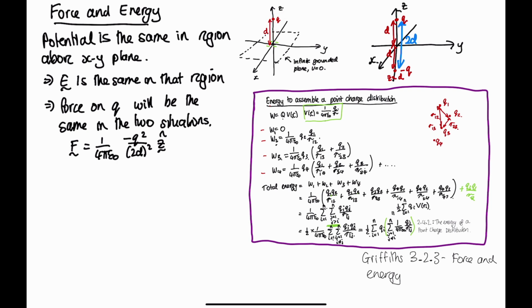So at this point, you might be starting to think, oh, this method of images we can just use to calculate any quantity. But that's not quite true. We can't say that the energy that's needed to assemble this charge distribution is the same as this one. In some ways this makes sense, because in this situation, we need to place two charges.